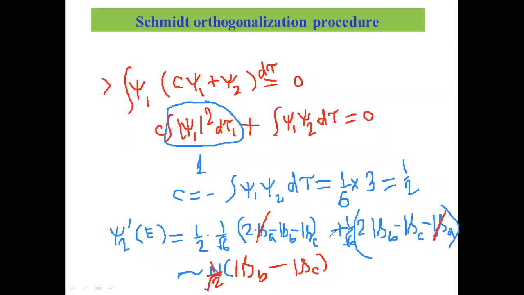No. Again, 1 SC. Forget about that. Look at this. You have this, right? This 1 by square root of 6, that will be as it is. Forget about that right now. Right. So this is 1 SC minus 1 SC, right? And this is minus half 1 SC. So that is minus 3 by 2 1 SC.